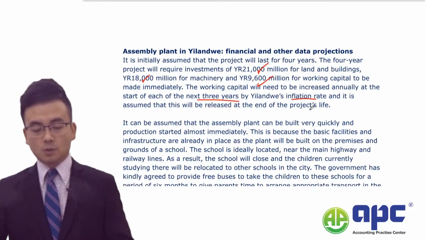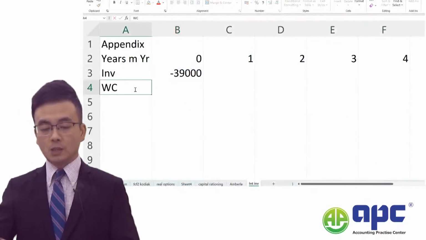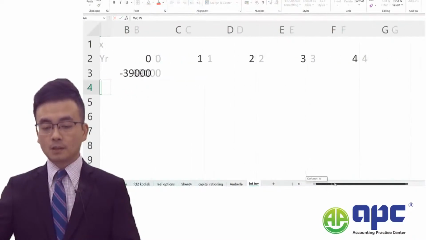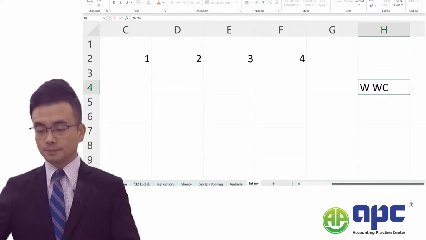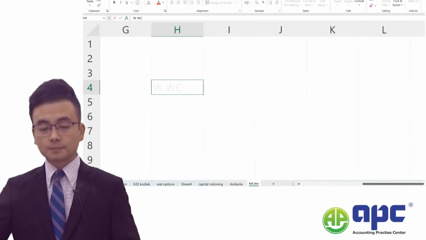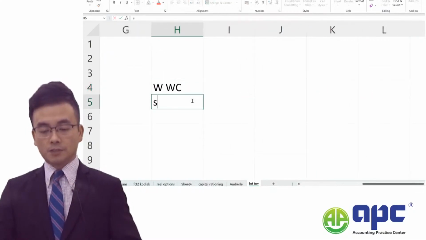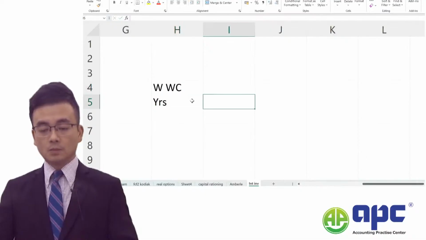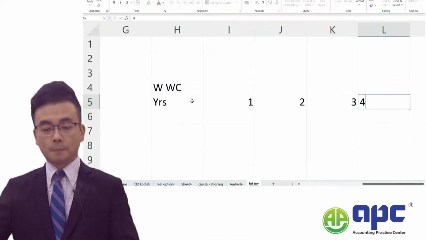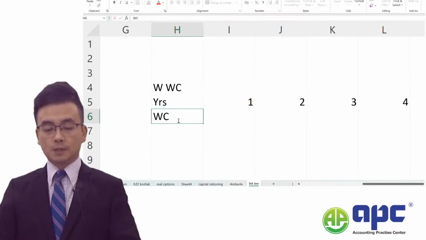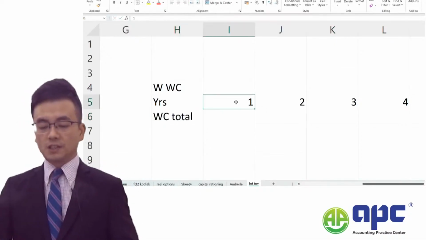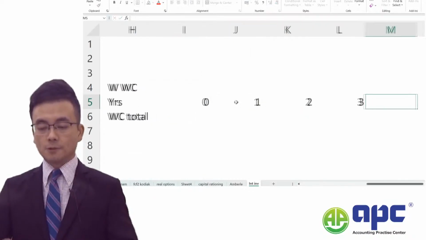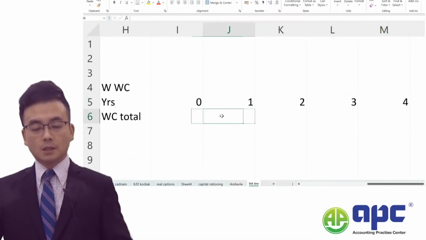Okay, so as always, we start working next to that, for the working capital. I've got number of years, 1, 2, 3, and 4. Working capital in total. Of course, we start with 0, 0, 1, 2, 3, and 4. Okay.